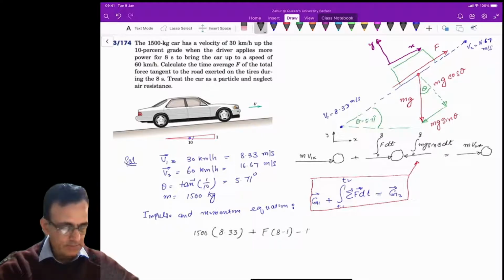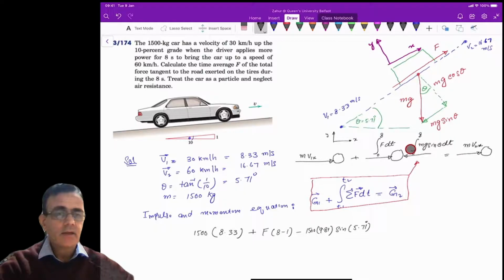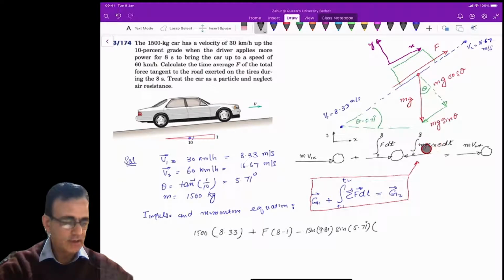So mg, which is 1500 times 9.81, and sine of 5.71 degrees. And then obviously you are integrating it with respect to time. Because everything is constant here, you can take this out of the integration.